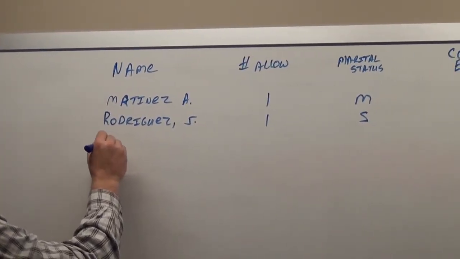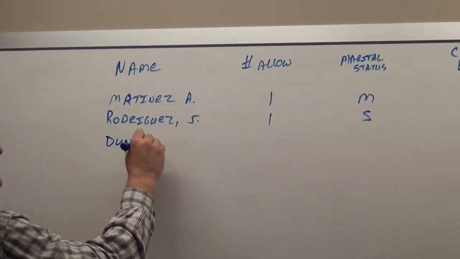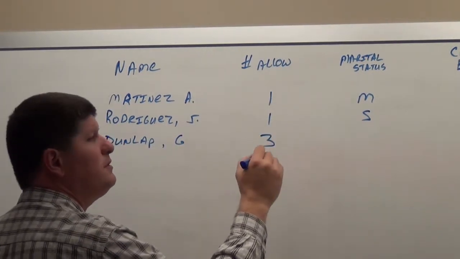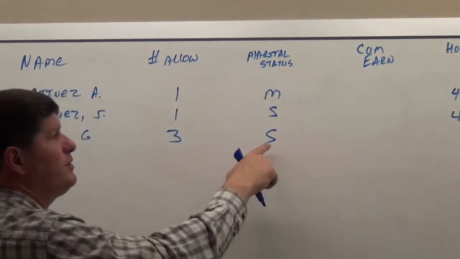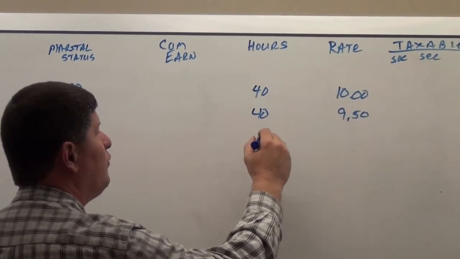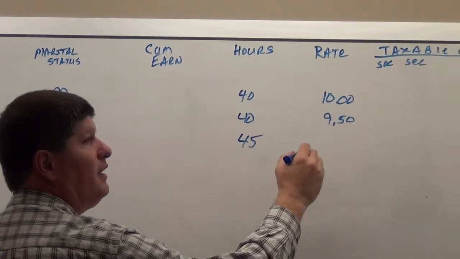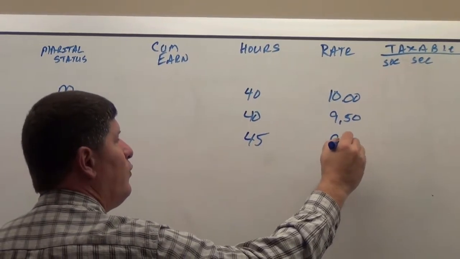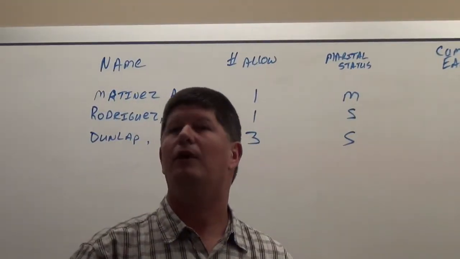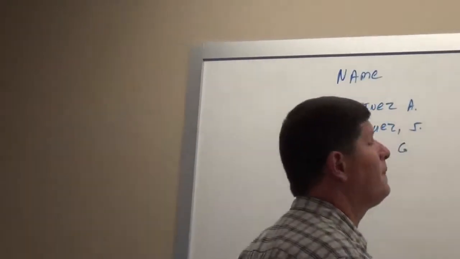There's a Dunlap, George. He has 3 allowances. He's single. Notice single, claiming more than just himself. He worked 45 hours, and he gets $9 an hour. At 45 hours in a week, what do we have that we have to worry about? Overtime, exactly.